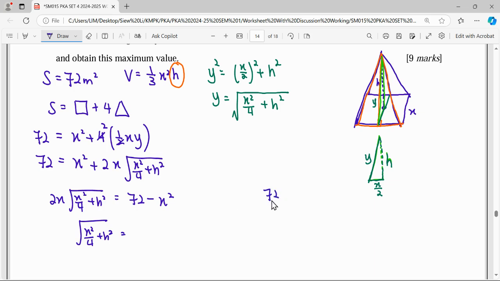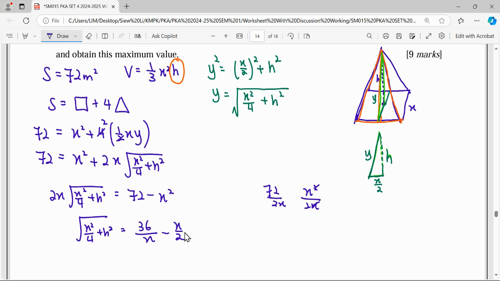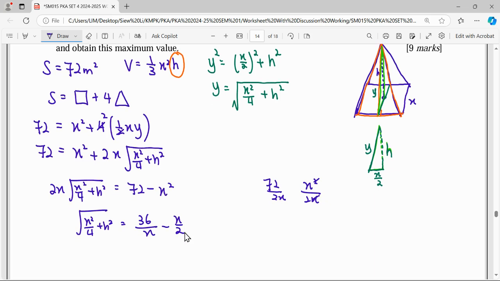72 minus x squared over 2x. Square root. Going to square both sides.